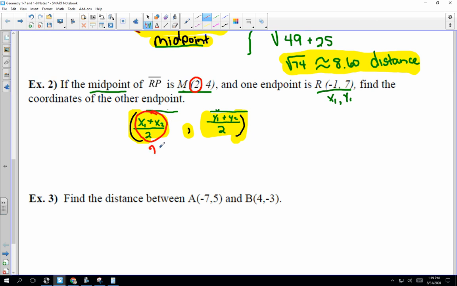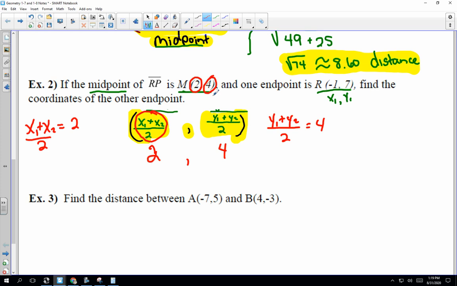This is equal to 2 because it says find the midpoint. And then this is 4. So I have two separate equations here. I have x1 plus x2 divided by 2 is equal to 2. And I have y1 plus y2 divided by 2 is equal to 4.